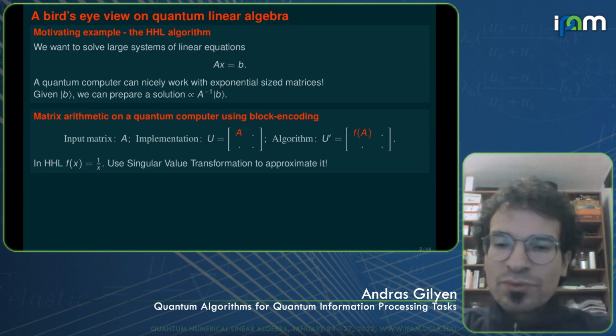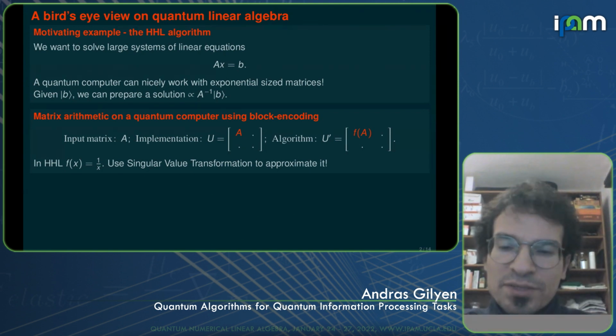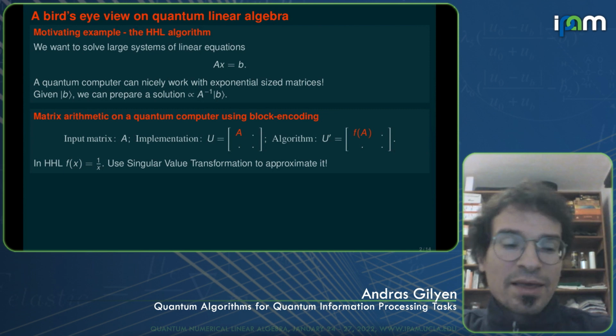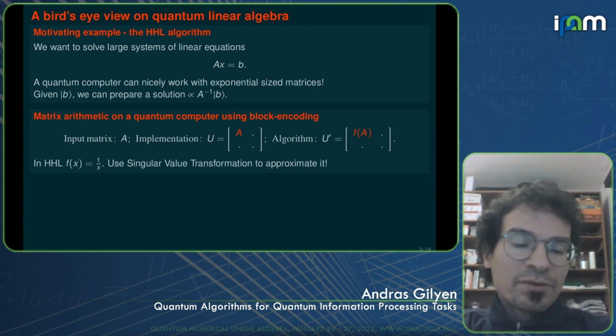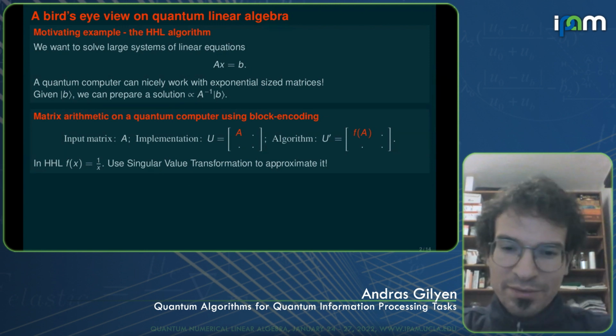And then what we want to do is, given this matrix A, transform it via some function f, get a new block encoding, and apply that to some specific quantum state. In the HHL algorithm, this function is just the 1/x function, which inverts the matrix.